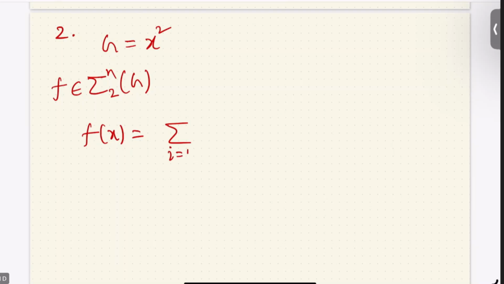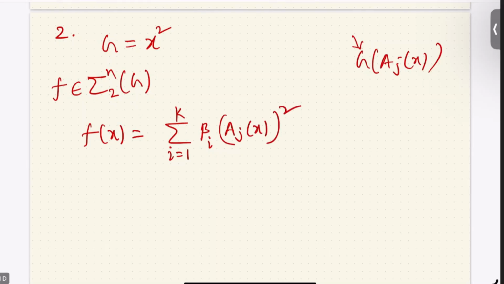Summation i equal to 1 to k, you have something g of beta i, g of aj of x, like this. Now g is nothing but x square, so you can say aj of x whole square, because that is composition.